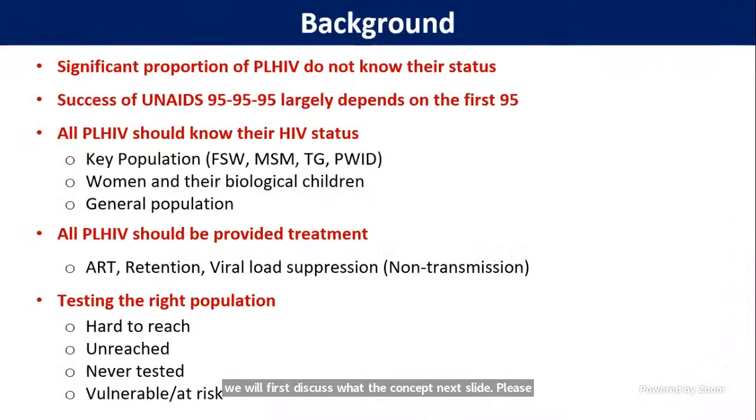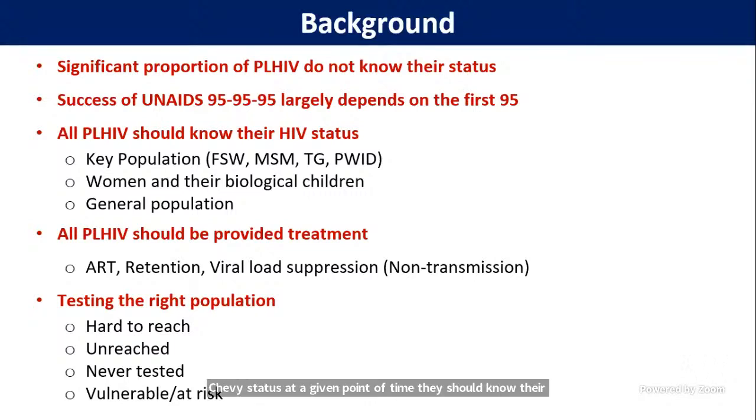There is a gap in terms of achievement of all the 95s, and still a significant proportion of people do not know their status. To achieve our ultimate goal of eliminating HIV as a public health threat by 2030, all those who are HIV positive at a given point of time should know their status.